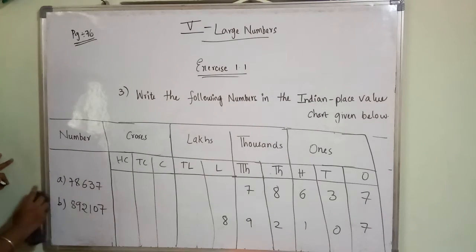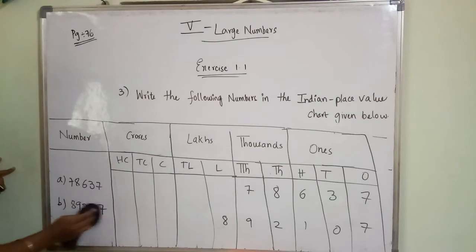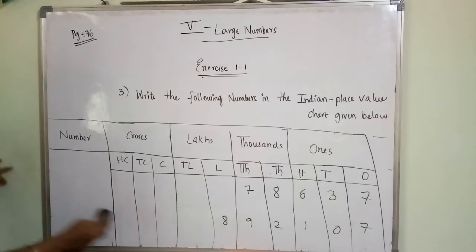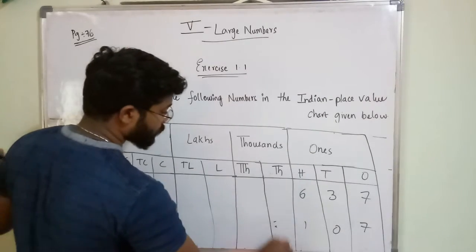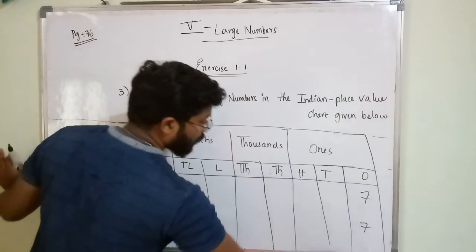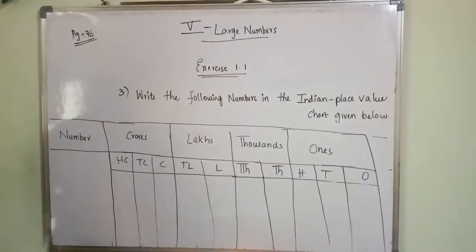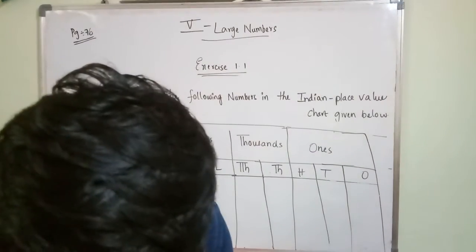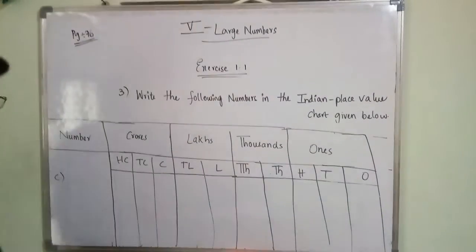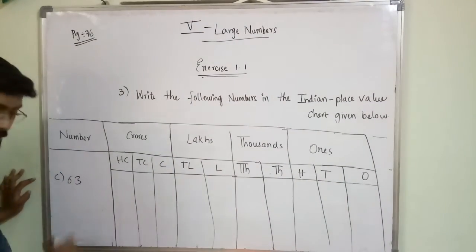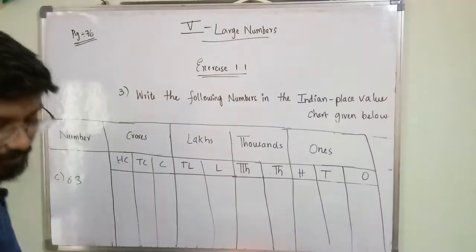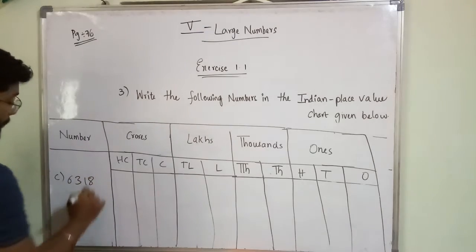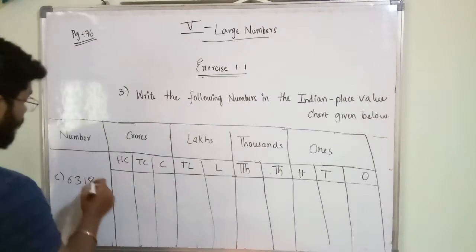You have to understand. So we have completed 2 numbers now. So let me rub this. Okay, so we have completed 2 numbers. So see, what is the next? 63 lakh 18,917.